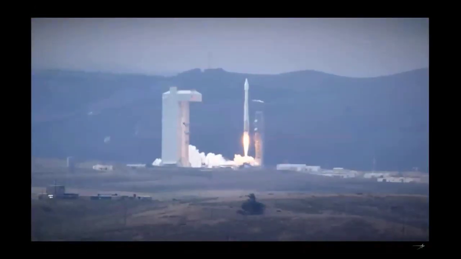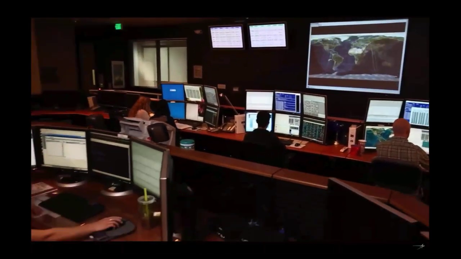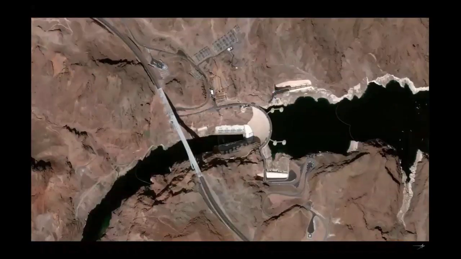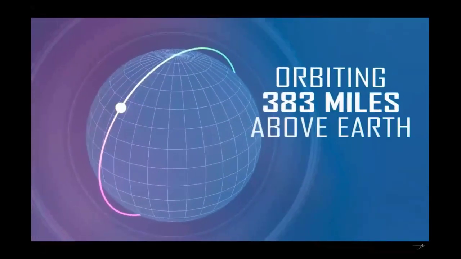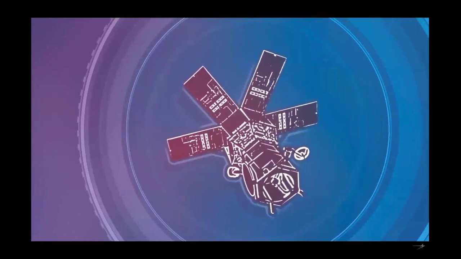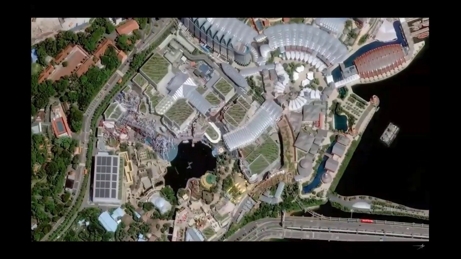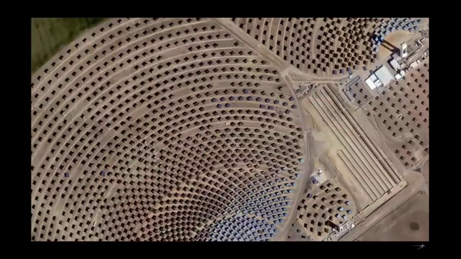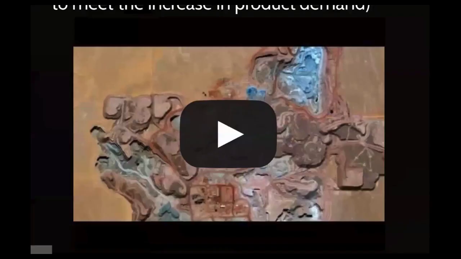Launching aboard a United Launch Alliance Atlas V, WorldView 4 will deliver critical information. It will help solve some of the planet's most important challenges. Orbiting at 383 miles above the Earth every 90 minutes, and thanks to a camera so accurate, it can distinguish the make and model of a car. It's almost like taking a selfie from space, but so much more. At Lockheed Martin, we're engineering a better tomorrow.